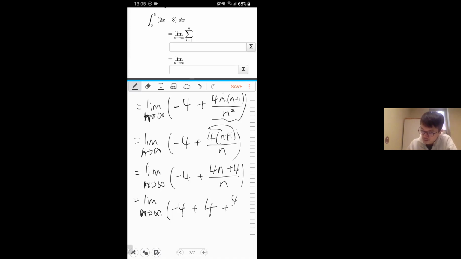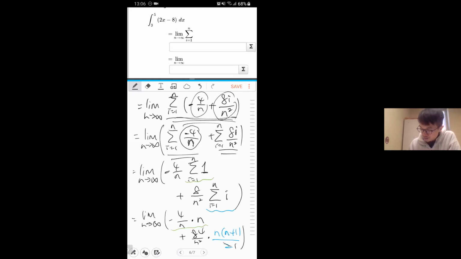The second one is 4 over n. Is that okay? These two cancel out, so you end up with just 4 over n. Make sense?